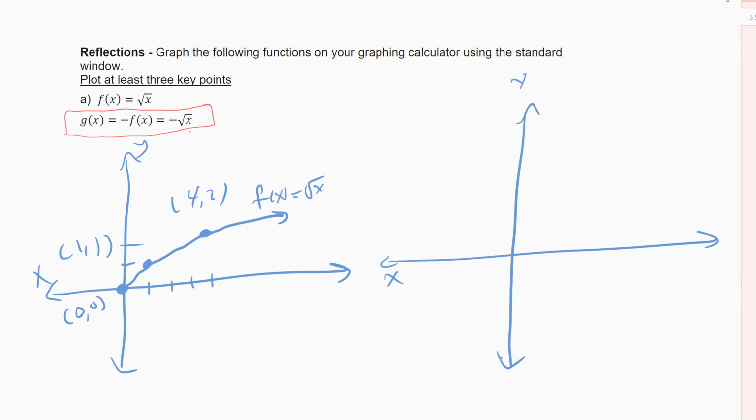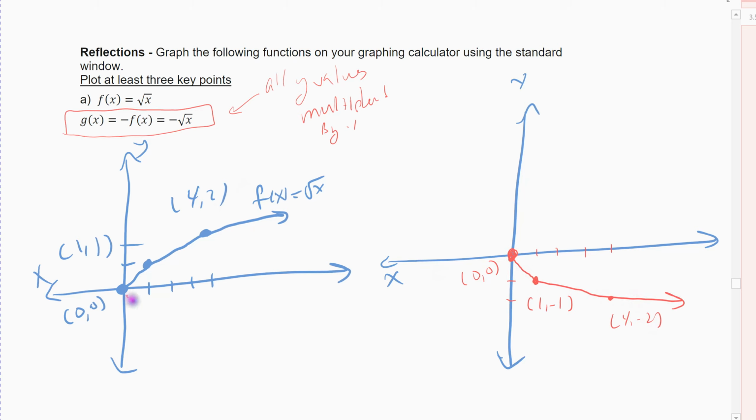And so all of the y values get multiplied by a negative 1. And so 0, 0 is still 0, 0, right? 0 multiplied by negative 1 is still 0. 1, 1, though, becomes 1, negative 1. The y value changes. And 4, 2 becomes 4, negative 2. And then it's this graph down here.